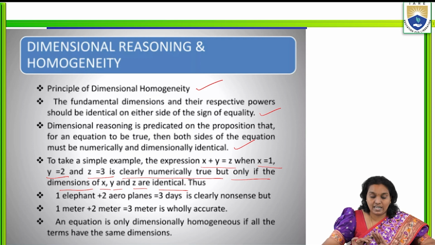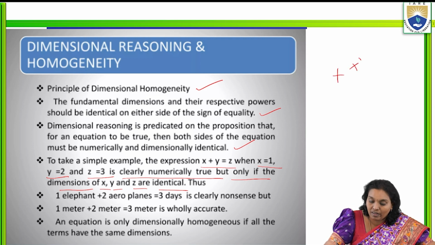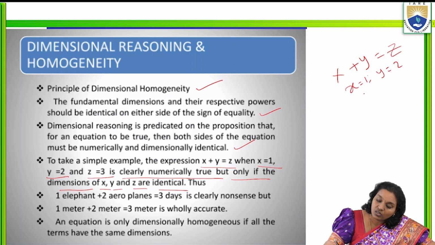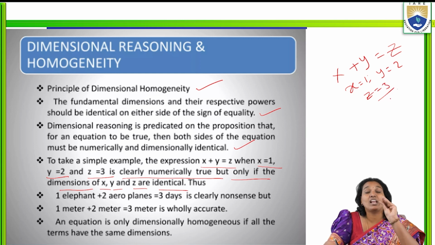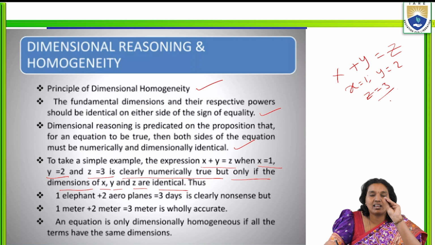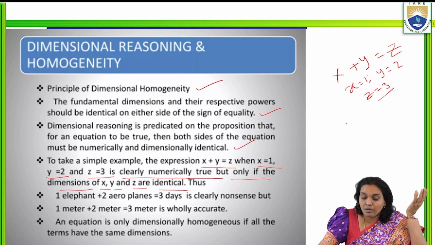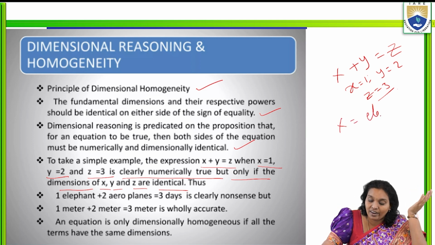So how are we understanding this? x plus y is equal to z, where x is equal to 1, y is equal to 2, then z is equal to 3, right, when the dimensional identity is satisfied. For example, if x is one elephant and y is 2 aeroplanes, is it right?